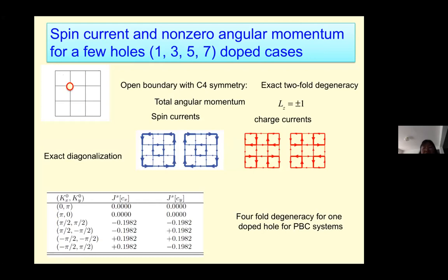Before I close my talk, I also want to mention a few Hall cases where there is something interesting, which is if we have an odd number of holes, there is always nonzero ground state angular momentum, which makes the ground state always degenerate, besides the degeneracy due to spin 1/2.